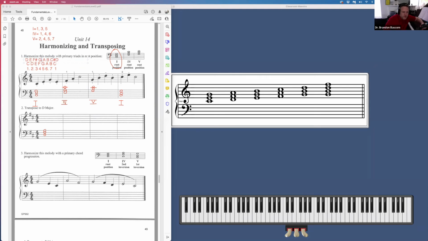That kind of lines up, not really. Let's try that. Okay.